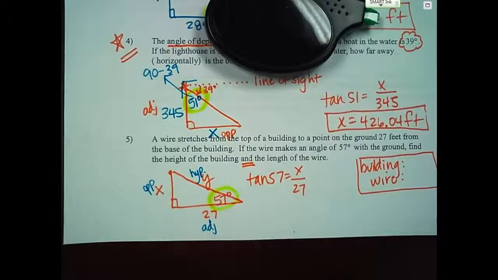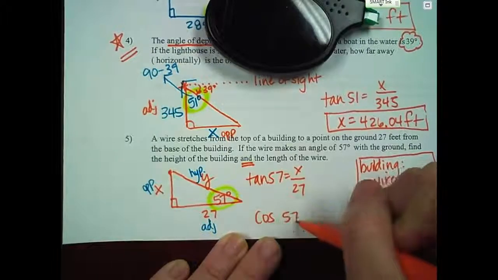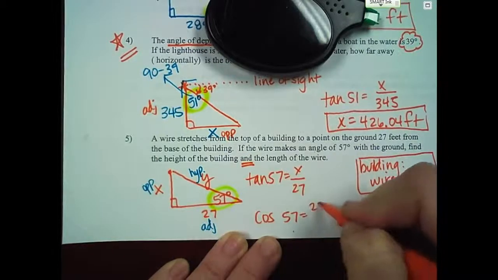What about the length of the wire? Here's my angle. What do I have? I have its adjacent, and I'm looking for the hypotenuse this time. What do adjacent and hypotenuse use? Cosine. So cosine of 57 equals the adjacent over the hypotenuse.